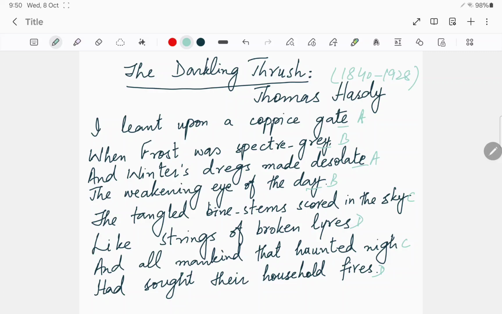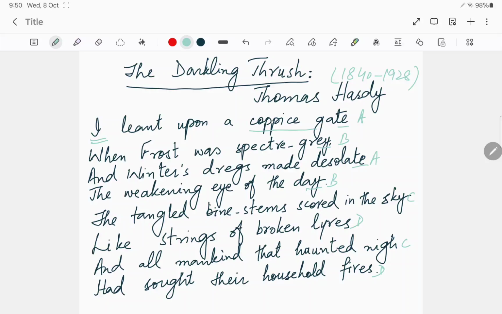In the very first stanza, as we have here, the I marks the poet, that is the speaker, and he is leaning on a coppice gate, that means a gate to a small woodland.